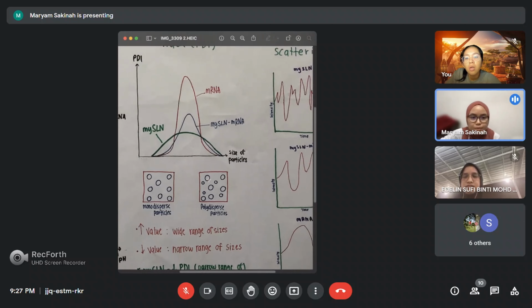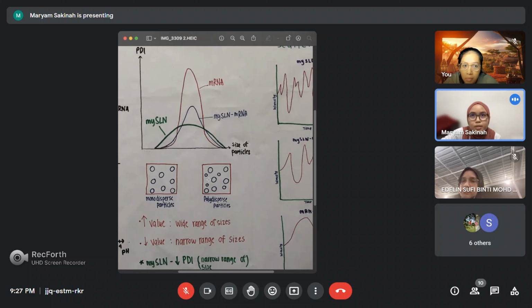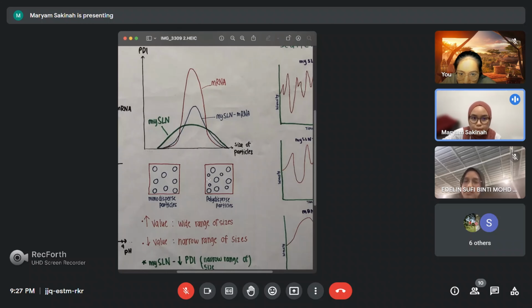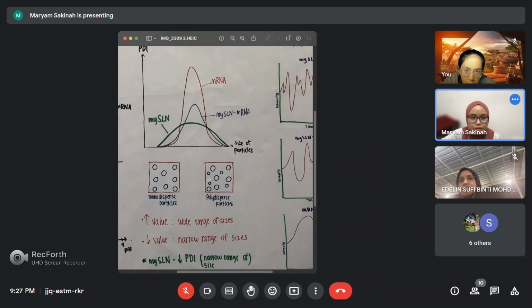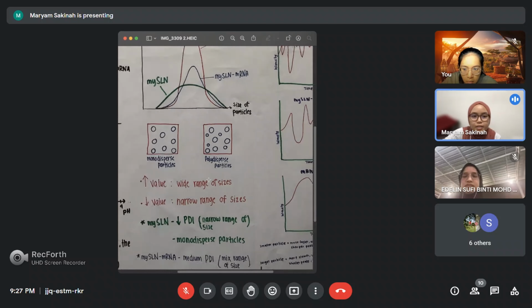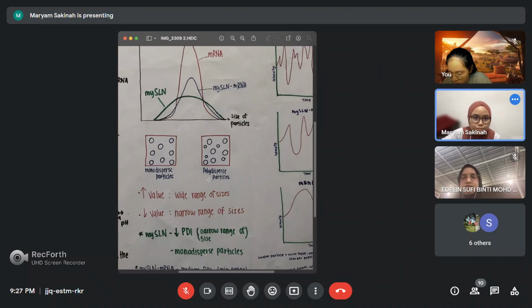The next one, we continue with MySLN with mRNA. Even though there are combinations of two components, the mRNA does not give a big impact to the sizes when it becomes agglomerations or combinations, because it's still nanoparticles, but they are in the form of polydispersed particles and they have an average value.